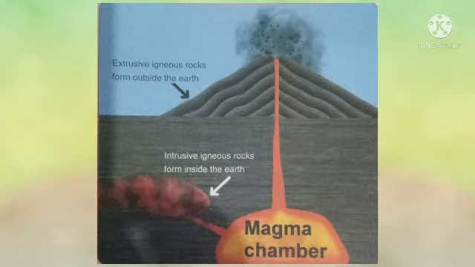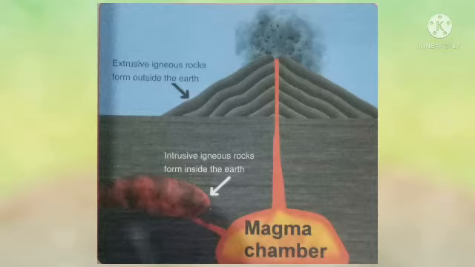Children, the earth's core is made of molten rock. Molten means hot and liquid. This molten rock flows out from the Earth's interior to the surface when a volcano erupts. This later cools and solidifies to form igneous rocks.